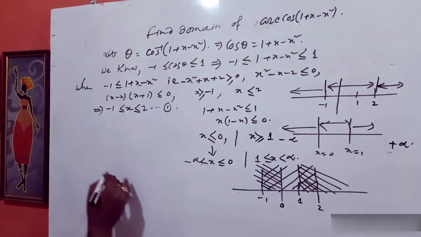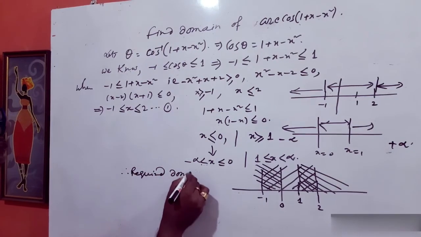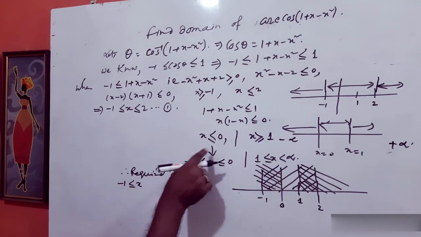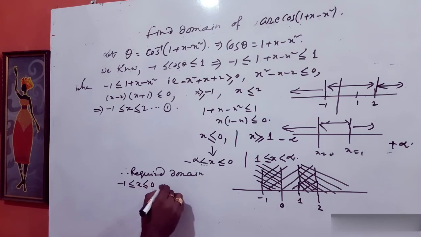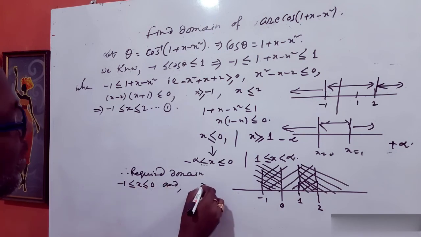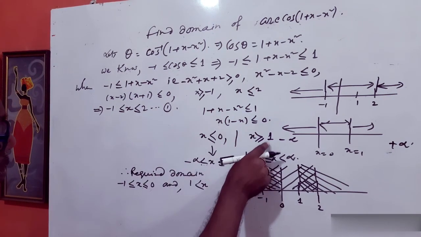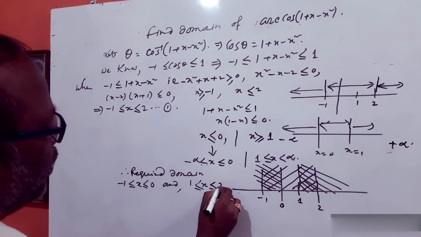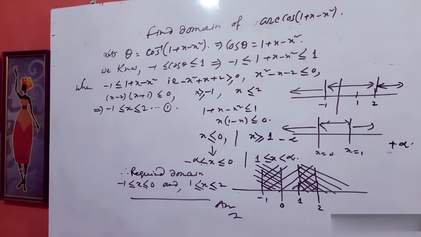So the required domain is x from -1 to 0 and 1 to 2, including the endpoints -1, 0, 1 and 2. Okay, so this is the domain. I think you all better understand. Very interesting question. See carefully.